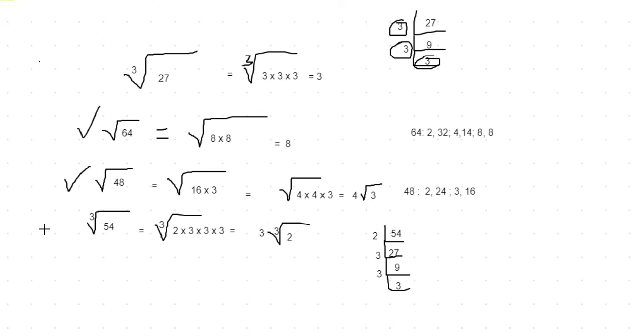If that's not something you feel comfortable with, or if you don't have a roots chart accessible to you, then you could always use the factor ladder method, which is this one and this one. And of course, you're always welcome to use a calculator to figure out the calculations for these guys. This is just showing you how to manually do this when you don't have a calculator by you, and if you can do just simple division and multiplication.